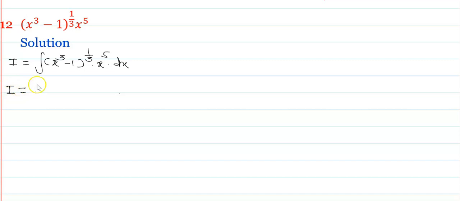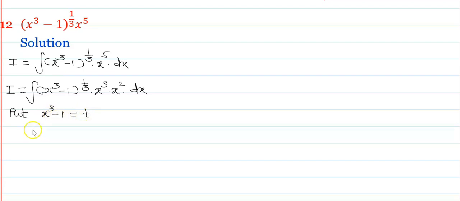I is equal to integral x cube minus 1 raised to 1 upon 3 into x cube into x square into dx. The substitution is, put x cube minus 1 is equal to t.